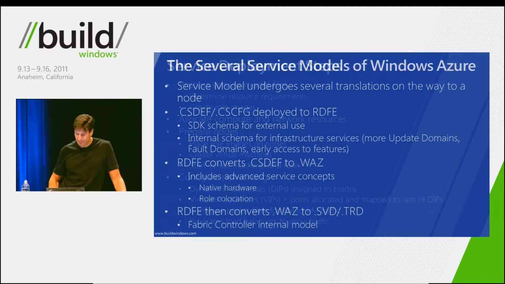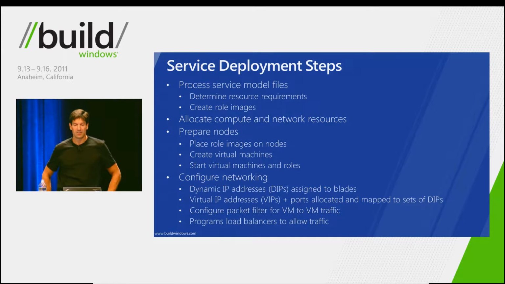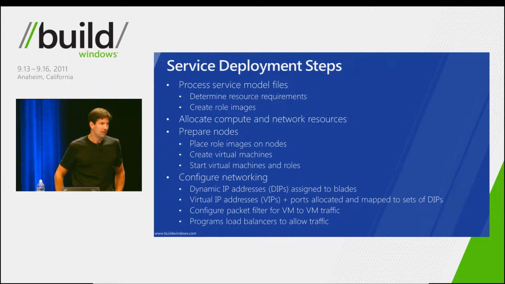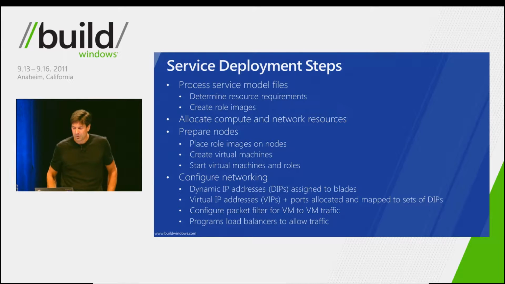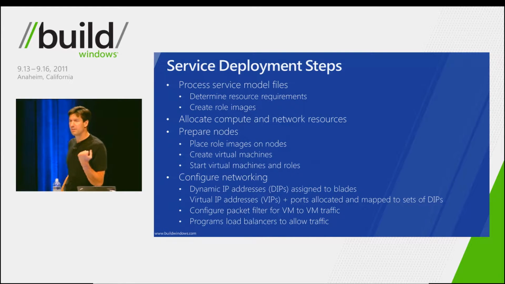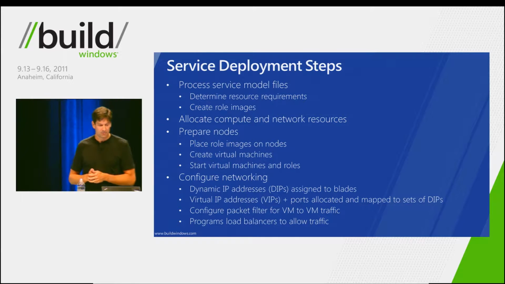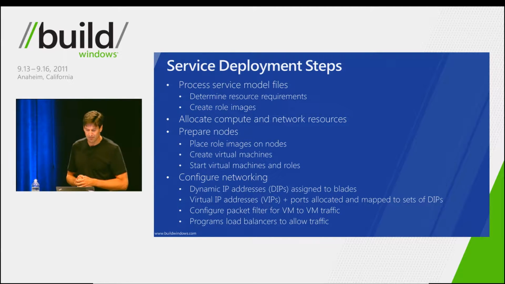In the service deployment steps now, once you get to the Fabric Controller with this SVD file, the Fabric Controller processes the models, determines the resource requirements for your service, and creates role images. Those images that you provided as part of your CS pack for your roles, it then takes and creates images that it's going to deploy to blades to get those VMs up and running with your role code in it.